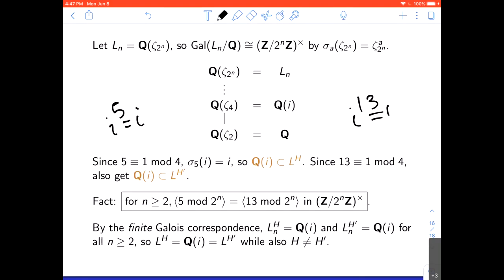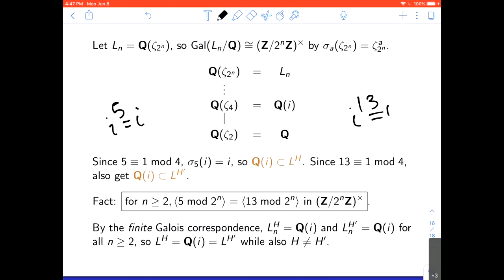And so if you look at any finite layer, Q adjoining the 2 to the nth roots of unity, the powers of 5 and the powers of 13 mod 2 to the n are the same subgroup. So they're going to fix the same elements of Q adjoin zeta 2 to the n. But any element is in some finite extension, and these 2-power roots of unity filter everything, so everything is inside one of them.